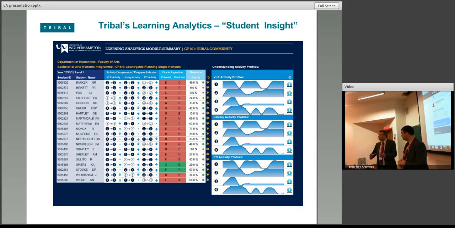We bring it all into this one data warehouse, which we call Unity, U-N-I-T-Y, just in case my accent's difficult. Using that data warehouse, we can then do the analysis. So the predictive analysis is on the warehouse, into which we pull data using StuTalk, which allows us to interface to a variety of student systems. So to answer your last point, it doesn't have to just be the Tribal student system.